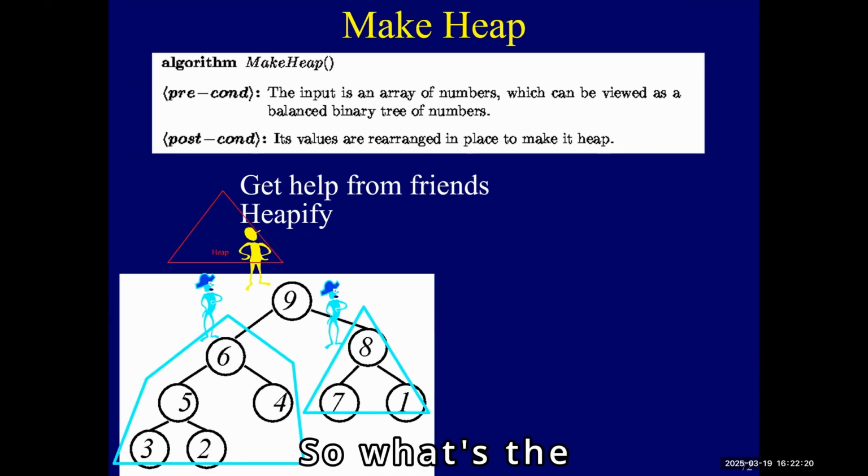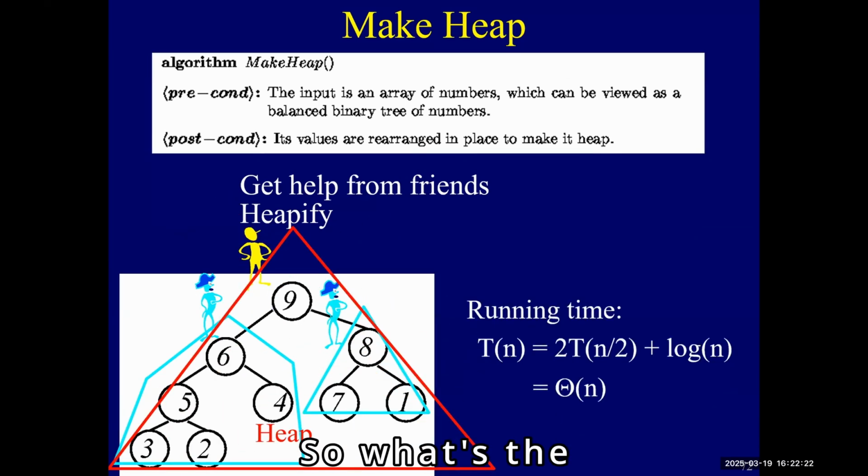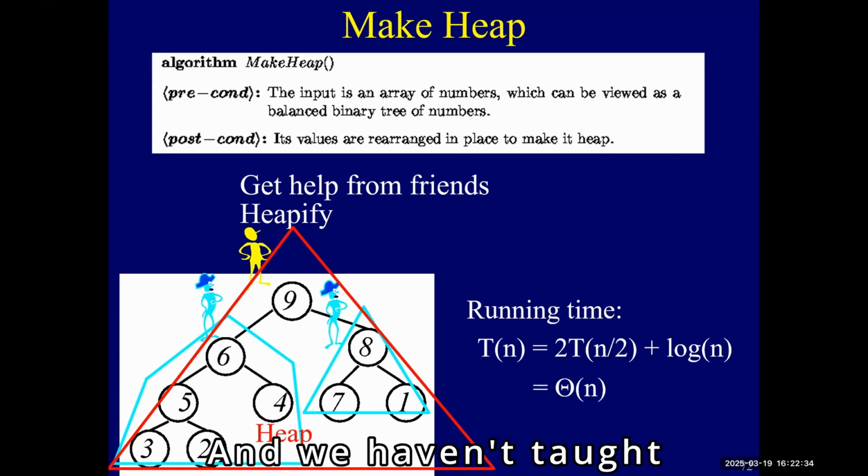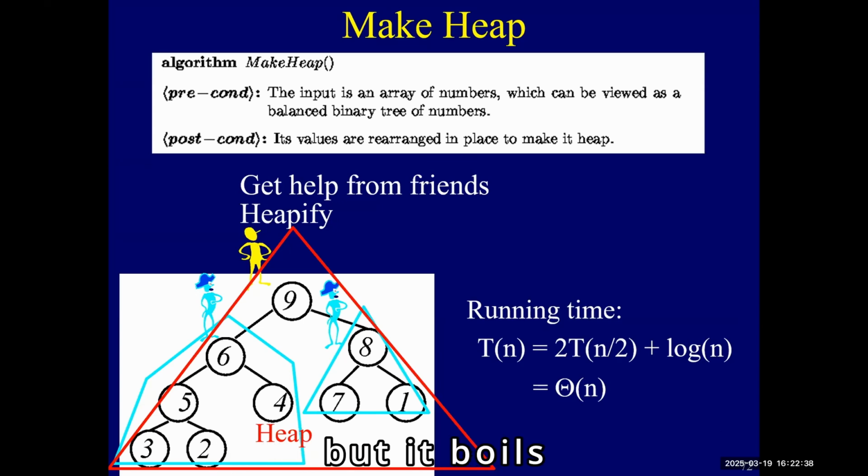So what's the running time there? Here's the recurrence relation, and log n is not n. It's closer to 1, and we haven't taught you how to solve this, but it boils down to order n.